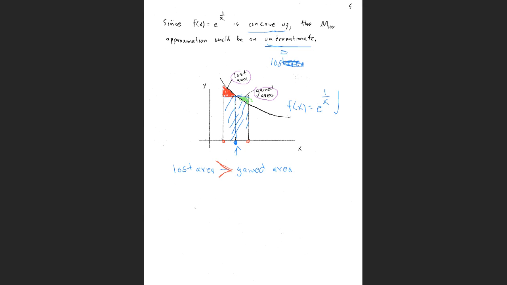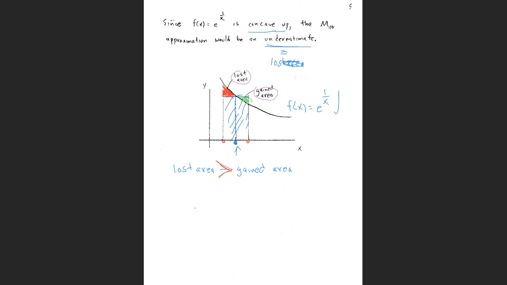Now, what if you had a concave down function? Would the midpoint rule be an overestimate or an underestimate? That's right, Jonathan, you'll gain more than you lose.